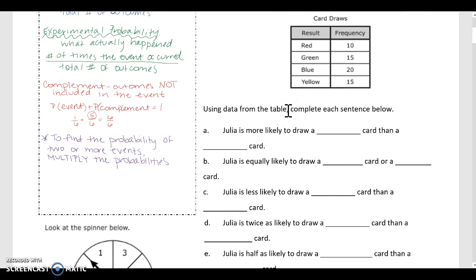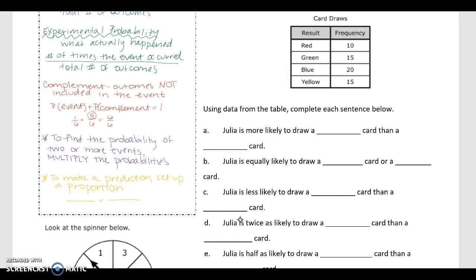All right, and the last piece from our notes today is if you have to make a prediction, okay? So to make a prediction, set up a proportion, right? And the proportion will look like this.